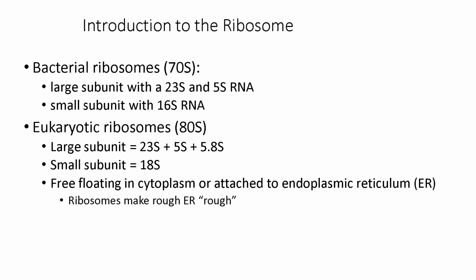In contrast, eukaryotic ribosomes are 80S, composed of a large subunit with 28S, 5S, and 5.8S rRNAs, and a small subunit with 18S RNA. Ribosomes can be free-floating in the cytoplasm or attached to the endoplasmic reticulum, which gives rise to the characteristic appearance of rough ER.